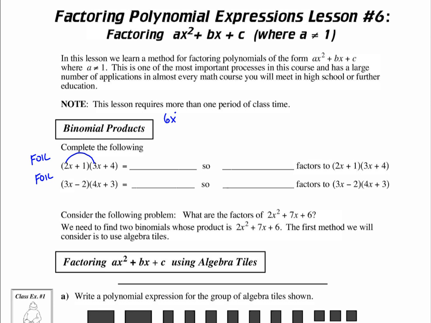6x squared plus 2x times 4, and 1 times 3x, and 1 times 4.